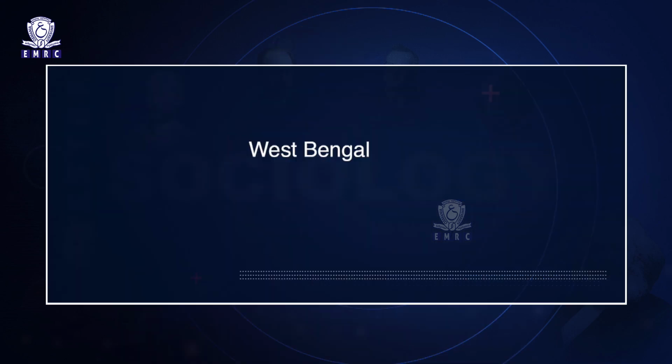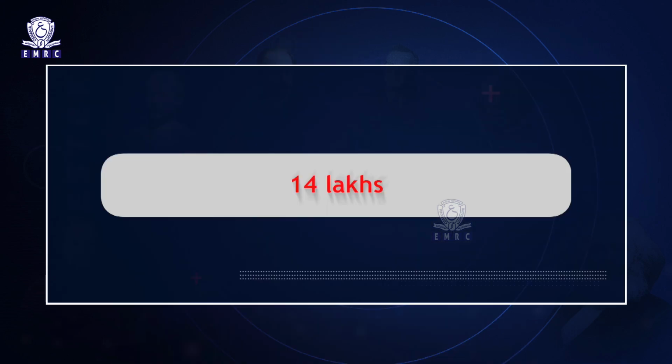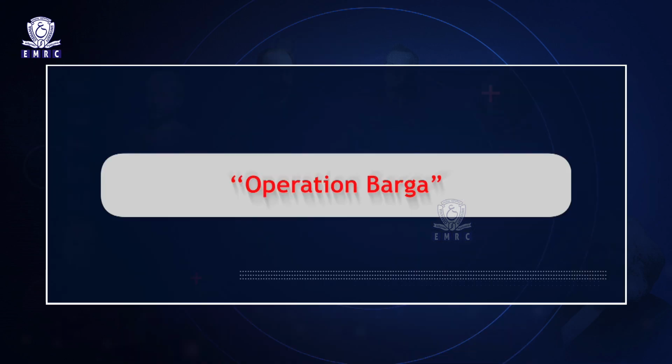West Bengal, Karnataka and Kerala have received more success than the other states. In West Bengal, 14 lakh sharecroppers have been recorded under the Operation Barga. In Kerala, applications of 24 lakh tenants for conferment of ownership were accepted. However, on the whole, the progress has been very unsatisfactory.